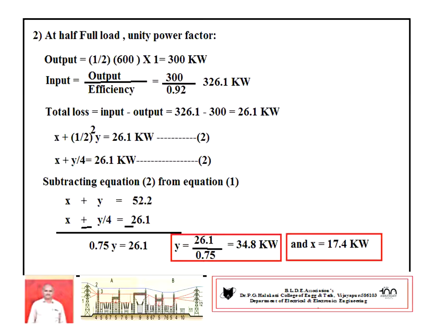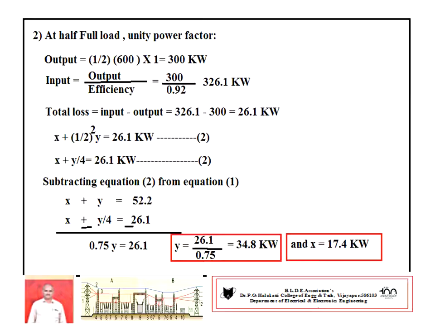So which loss varies? Iron loss is the same, x remains the same, but copper loss varies as per the load condition. It is already observed, that is x square times of Wc. Now Wc is taken as y. Fraction of full load is half, square times of y, copper loss you write.